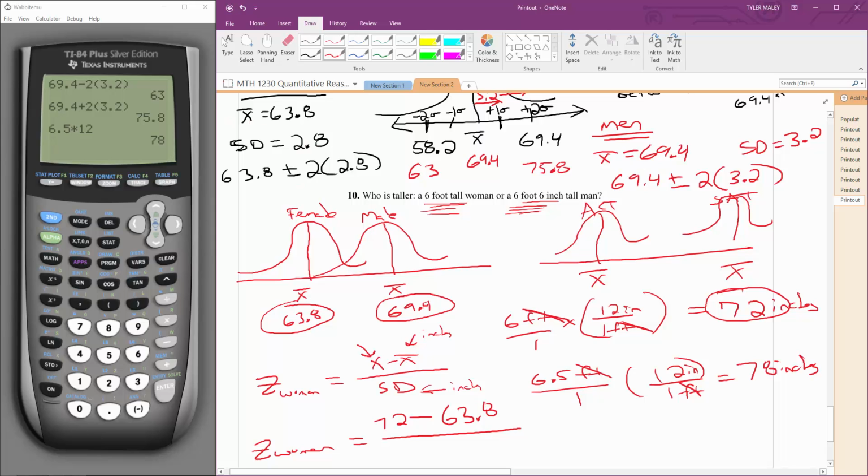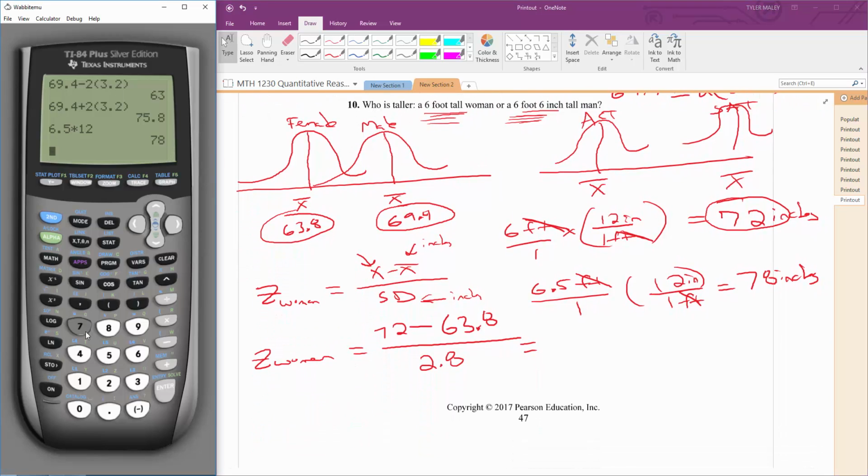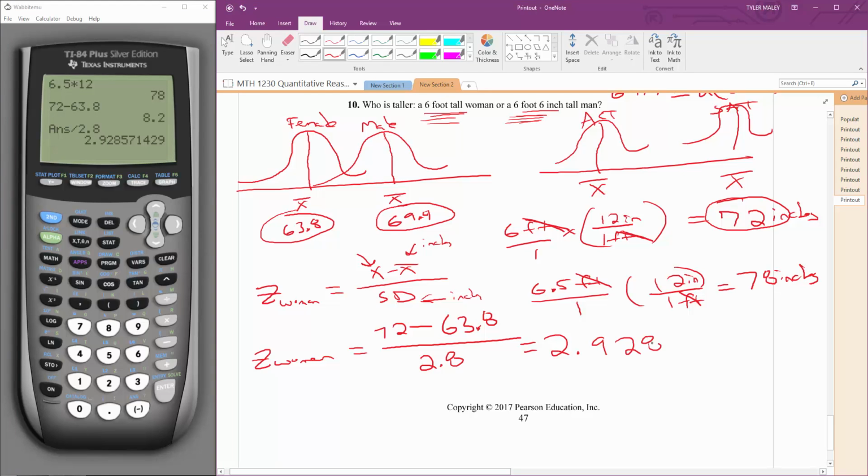And the standard deviation for women was 2.8, so we divide by 2.8 and we'll get a z-score. So if we take 72 minus 63.8 and then divide by 2.8, you get 2.928571, and so forth. That should be enough decimals to compare.